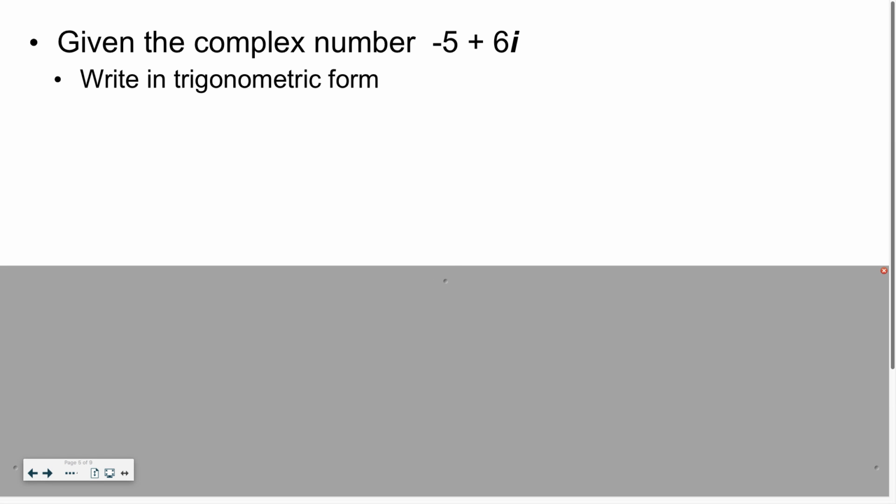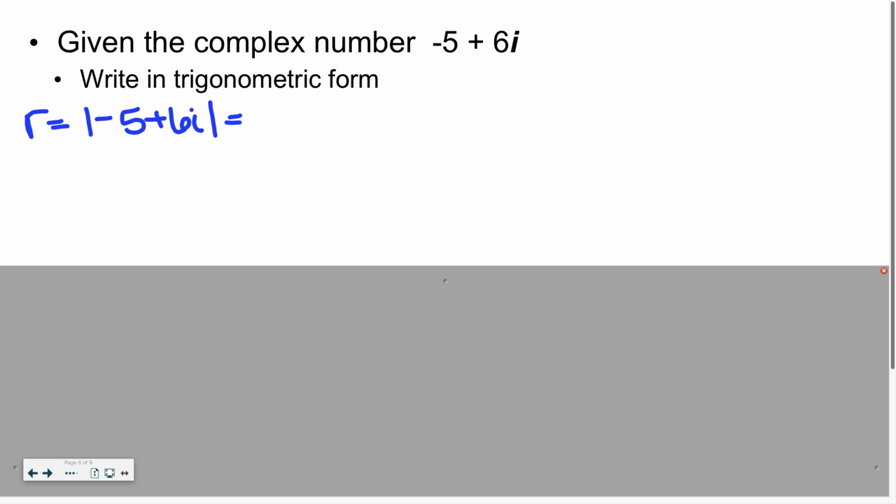Please write down the number, -5 plus 6i. So the first thing we need to find is the absolute value. Remember, we labeled that as the r. That's just the absolute value of -5 plus 6i.